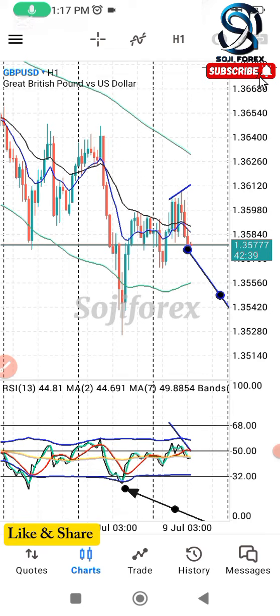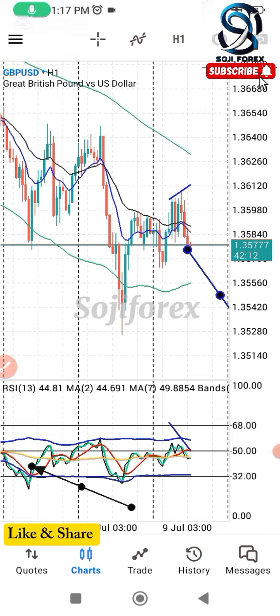It helps us to identify price movement and also helps us to get divergence. Then the red moving average you are seeing is our signal line. When it crosses the green, it is a sign that we can make our entry, either a buy or a sell, depending on the structure of the market. Then the gold line is for our trend identification.